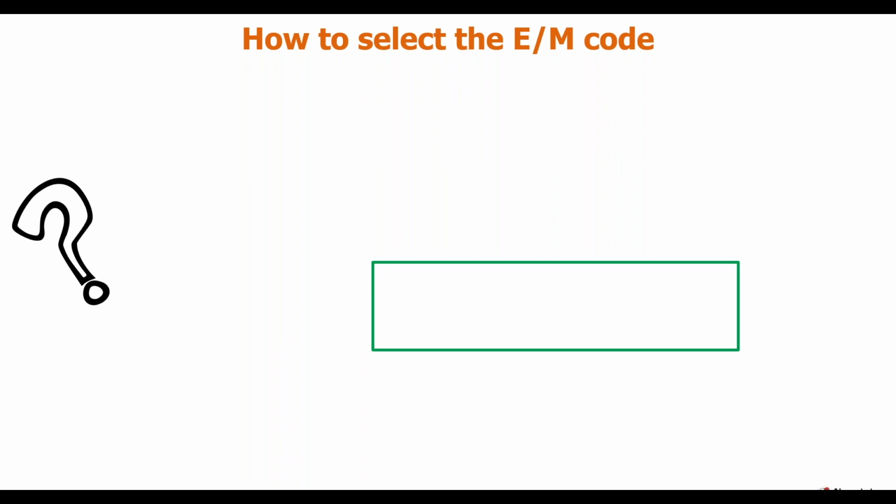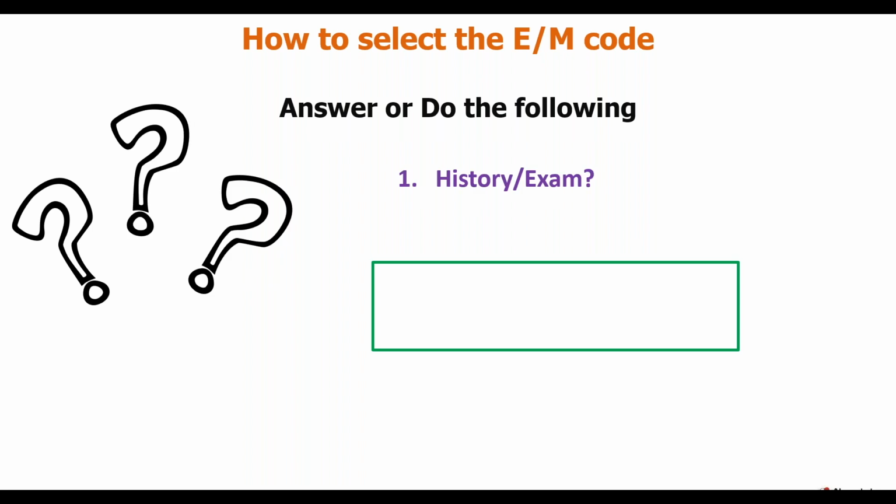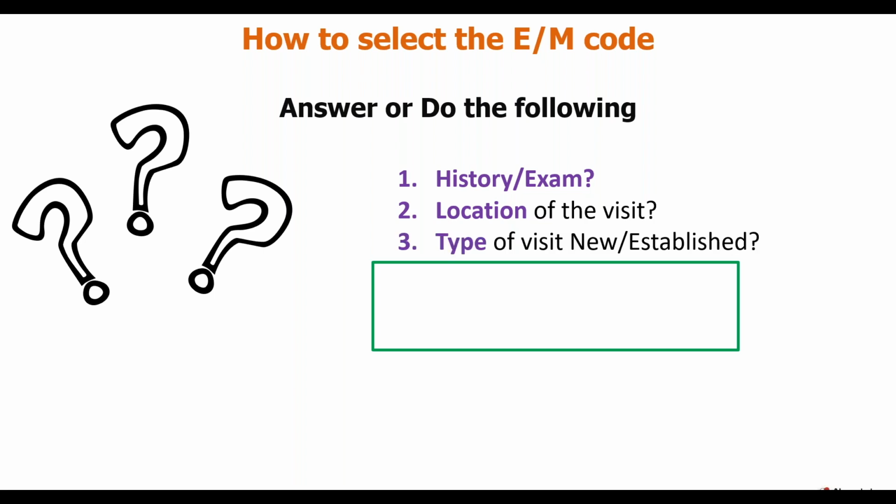So how to select the E&M code? Answer or do the following. These are a few questions which we answer before picking the correct E&M code. We ask ourselves whether there is a medically appropriate history or exam performed; the location of the visit, whether it's an office visit, inpatient hospital admission, emergency department admission, whatever it may be; and third, the type of the visit, whether it's a new patient or an established patient.